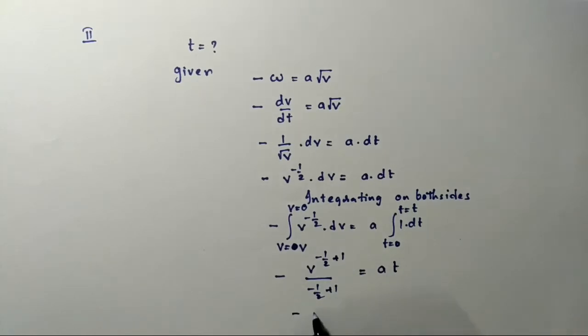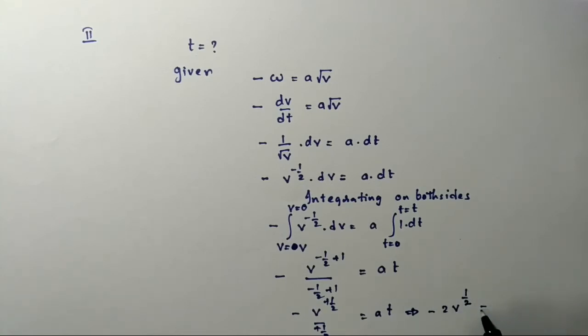So here minus 1 by 2 plus 1 gives 1 by 2, and that gives rise to minus 2 v power 1 by 2 is equal to a into t.